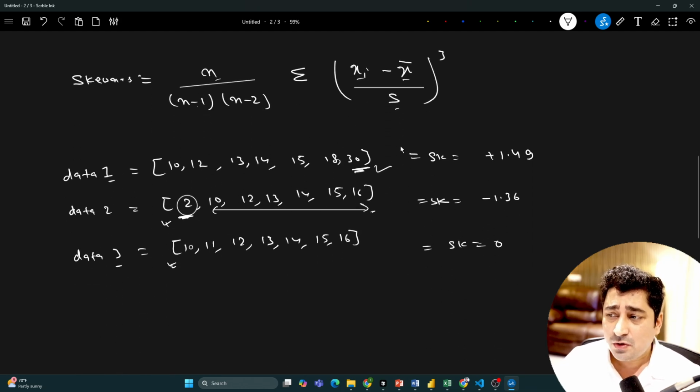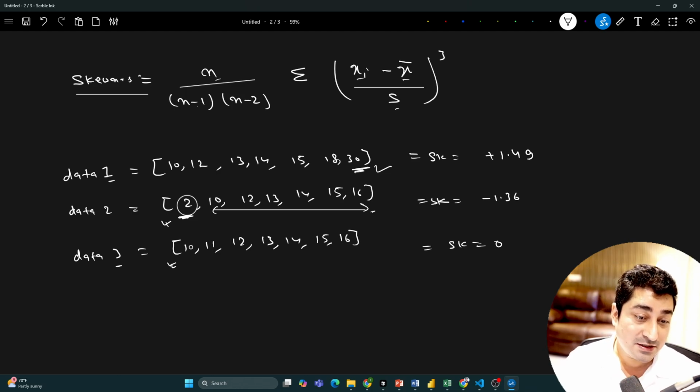Now again, with the help of mean, median and mode, you will be able to find skewness. Just by doing a mean, median and mode comparison, without even using the skewness formula, you can say whether your data set is skewed, and if it is, whether it is skewed on the left-hand side or the right-hand side.